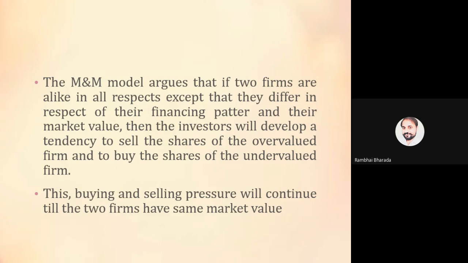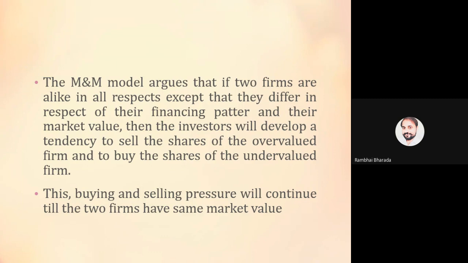Then the investors will develop a tendency to sell the shares of the overvalued firm. Now see, by comparing both the companies, which one is overvalued? ABC is overvalued. So it means these ABC shares are selling.